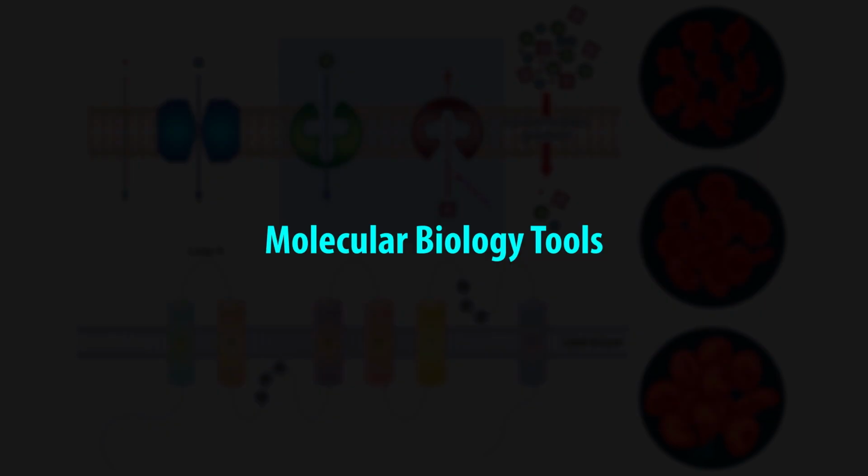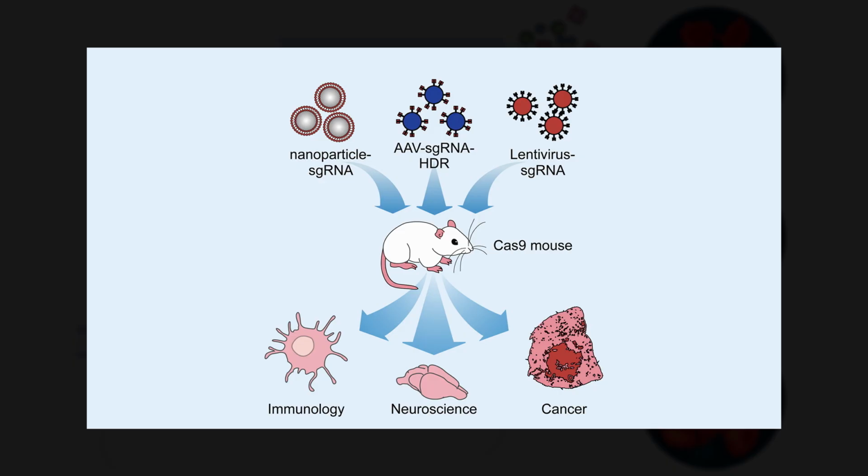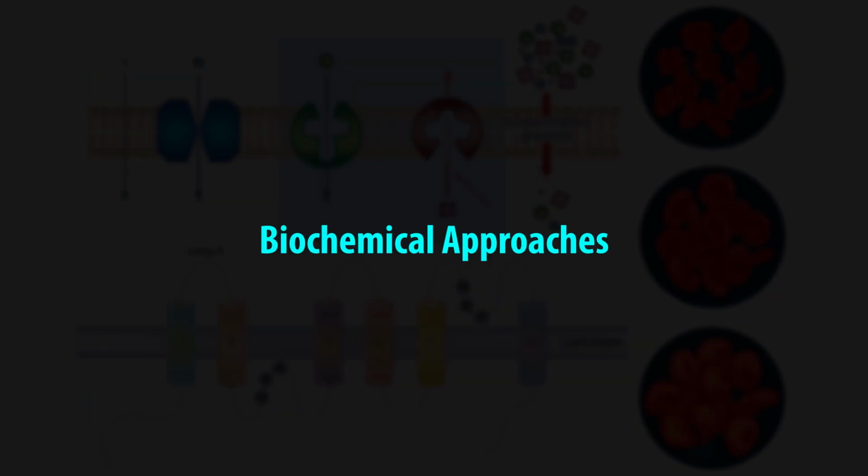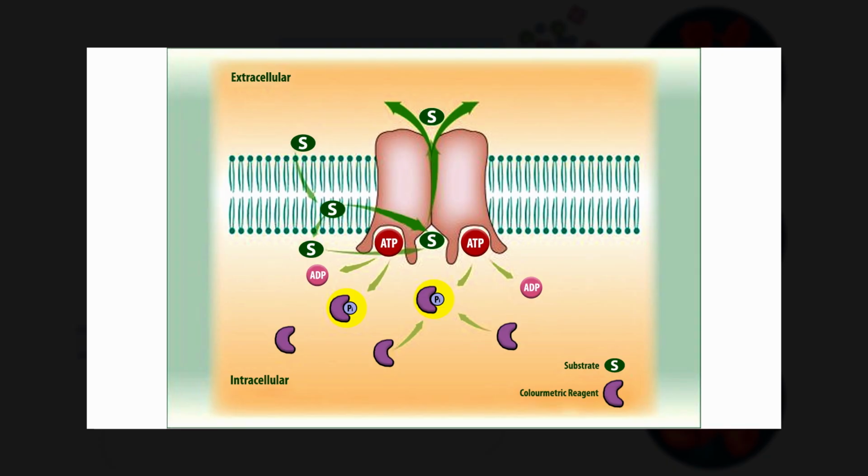The third is molecular biology tools, in which gene knockout and knock-in are used for transporters, and CRISPR-Cas9 to edit pump and channel genes. Next are biochemical approaches, where ATPase activity assays and radioisotope tracers are used to study ion flux.